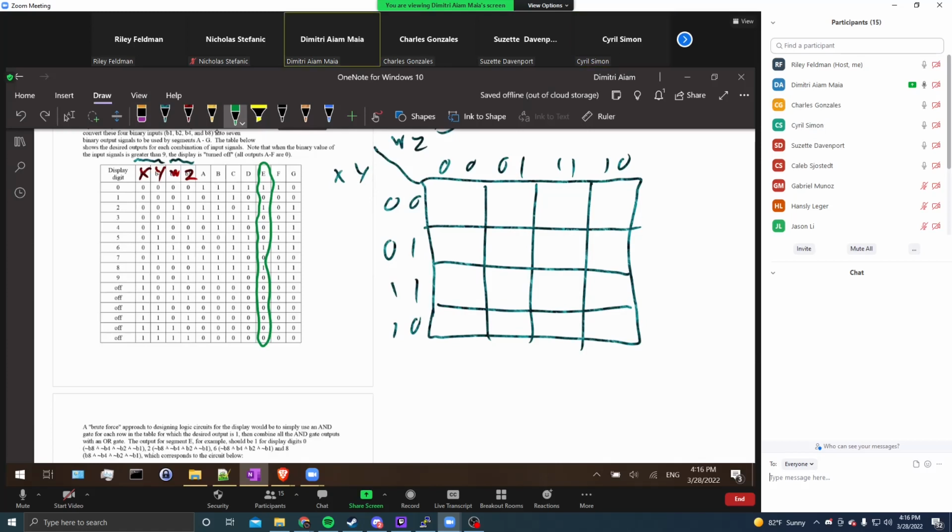So for example, there's a 1 over here, right? Then we go through 0, 0, 0, 0, 1. There's another 1 over here. Then we go through 0, 0, 0, 0, 1, 0, 1, 0. Then there's a 1 over here. There's a 1 over here.